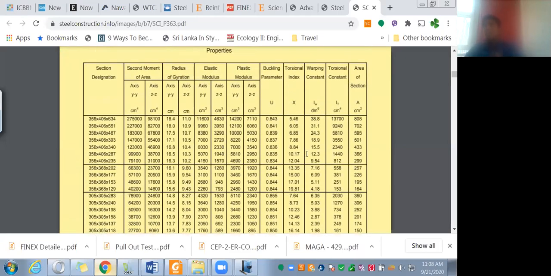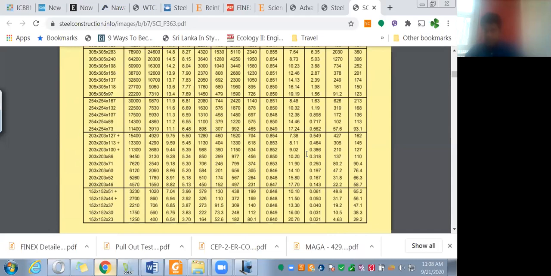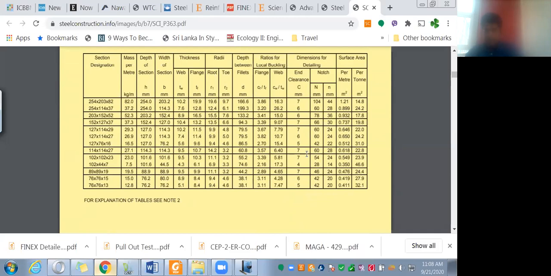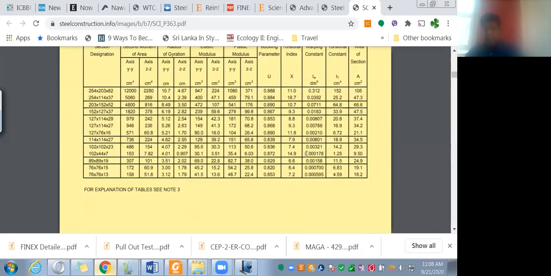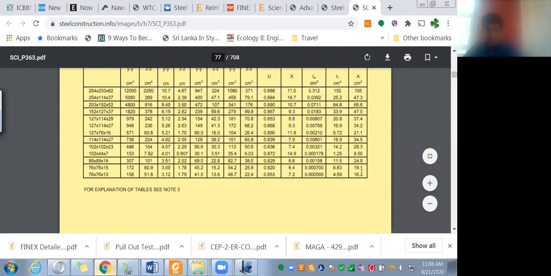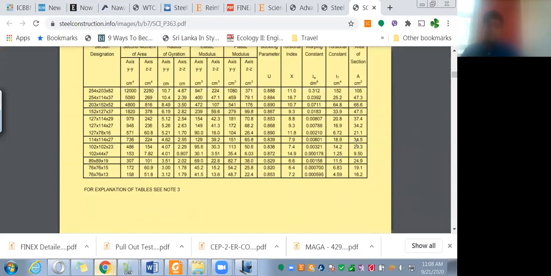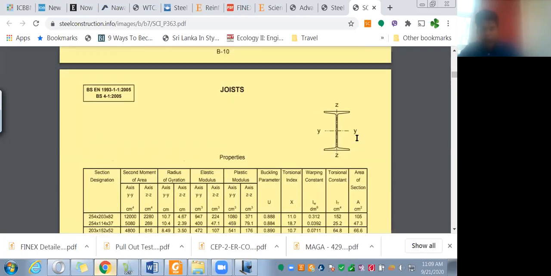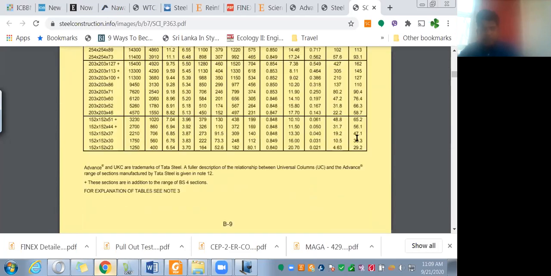So 2817 millimeter square is like 28.17 centimeter square. So the area is increasing from 16. This is 29.3, greater than 28.17. Here we have another one, 34. Here we have another one, 29.2.